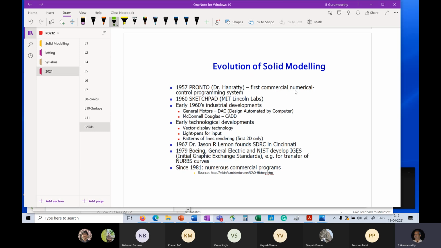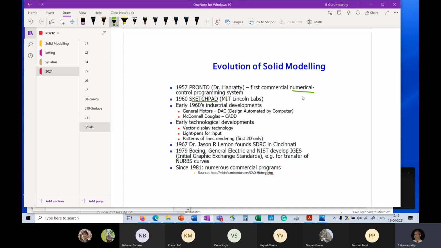Like I said, the first development came out of MIT early on: the numerical control of a machine tool, as well as this project called Sketchpad, which was Ivan Sutherland's PhD thesis, right?